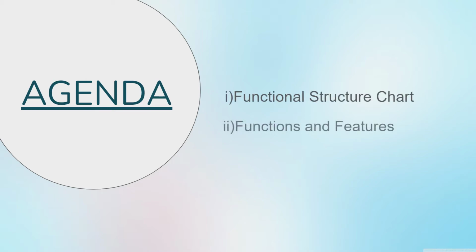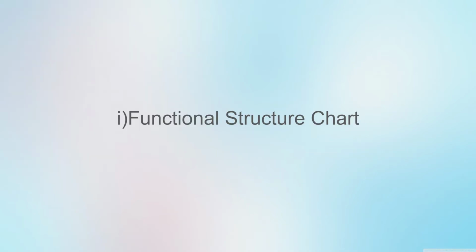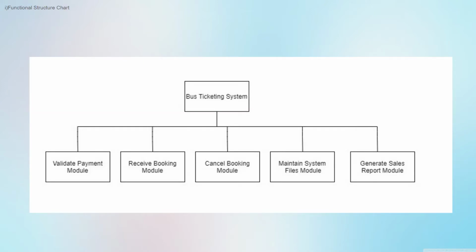So today we will be presenting the system design and the functional design. The agenda for today is first the functional structure chart, second the functions and features, and third the diagram 0 DFD. So the functional structure chart is this one.